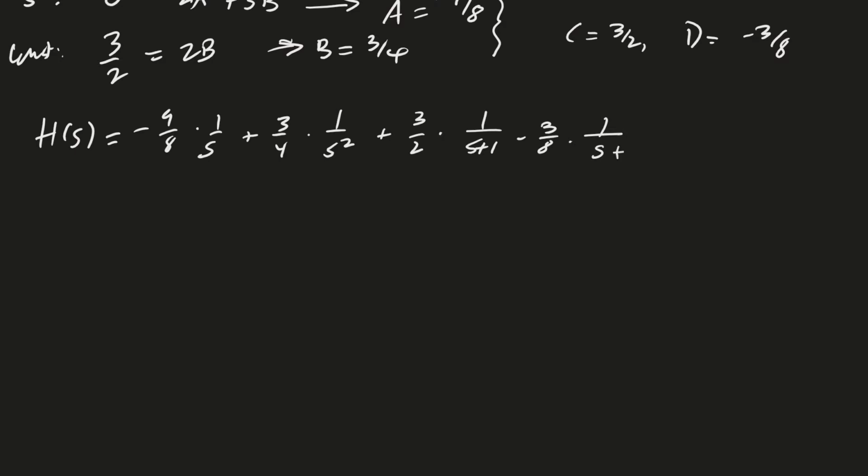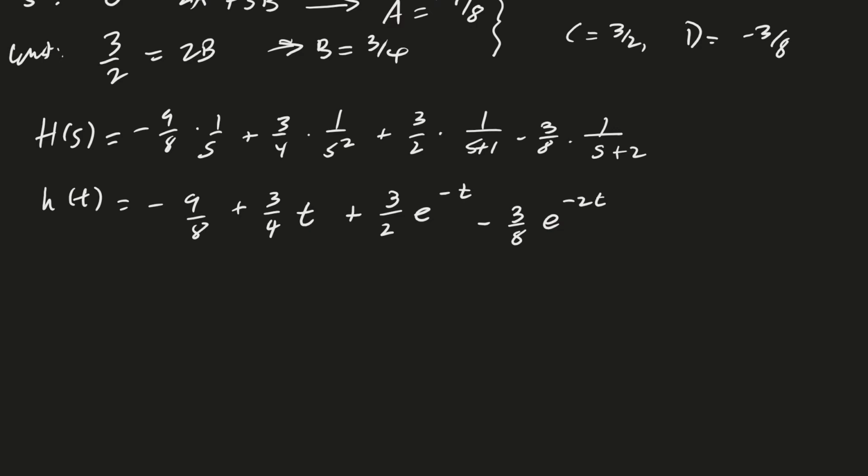All right, so now we can go with our h of t, and our h of t is equal to minus 9/8, 1 over s was the Laplace transform of 1, plus 3/4 times t plus 3/2 times e to the minus t minus 3/8 times e to the minus 2t. And there we go. There's my h of t.